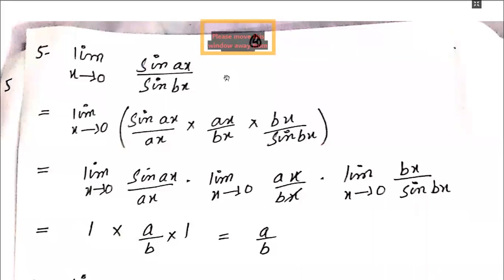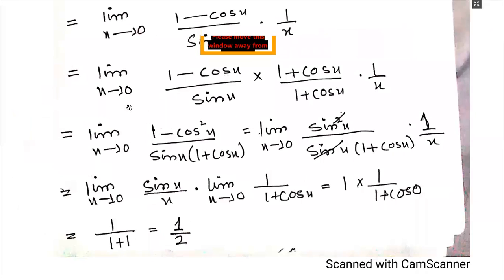Now, in the last problem, you know that as x tends to 0, sin x upon x equals 1. See here, the limit as x tends to 0 of sin x upon x equals 1. It means if sin has angle x, then the same angle in the denominator gives the result 1.